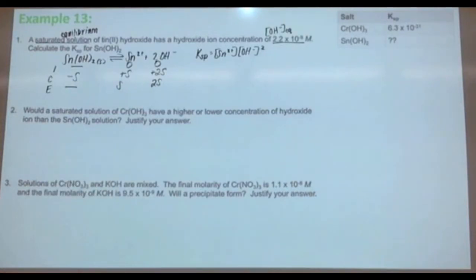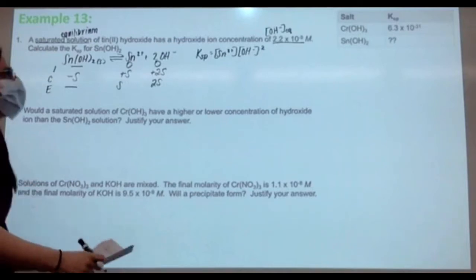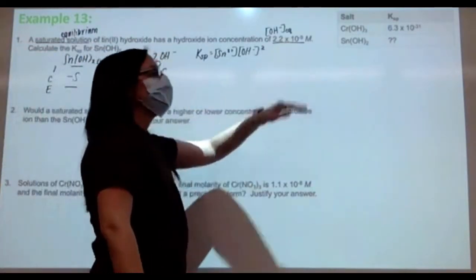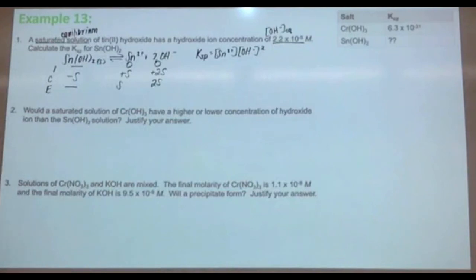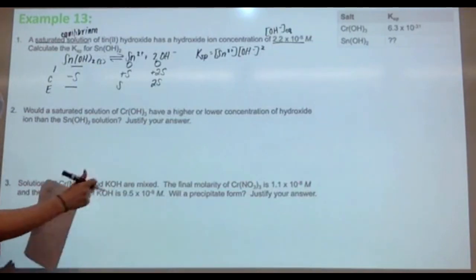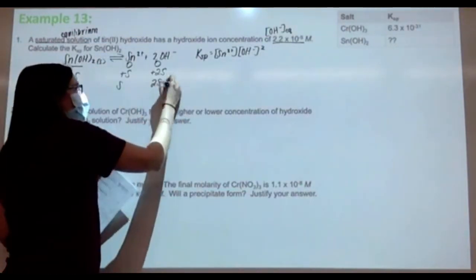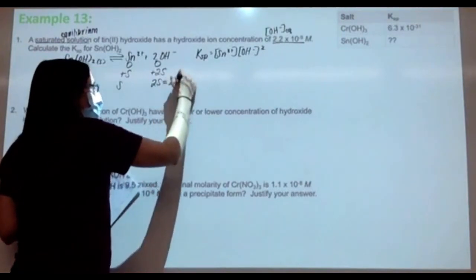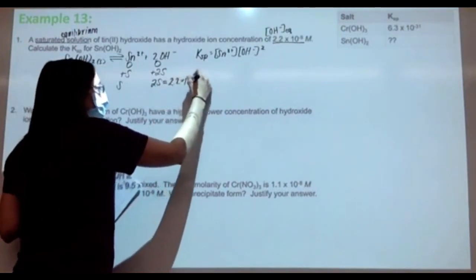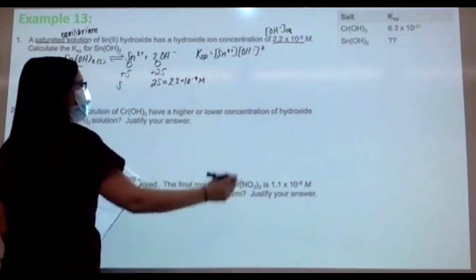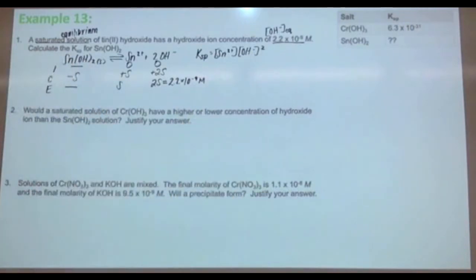Now the question gives us OH minus at equilibrium. In mastering, there are some questions that give you the ion concentration, and you're calculating KSP. So they tell us the OH minus concentration is 2.2 times 10 to the negative 9th molar. So 2S equals 2.2 times 10 to the negative 9th.